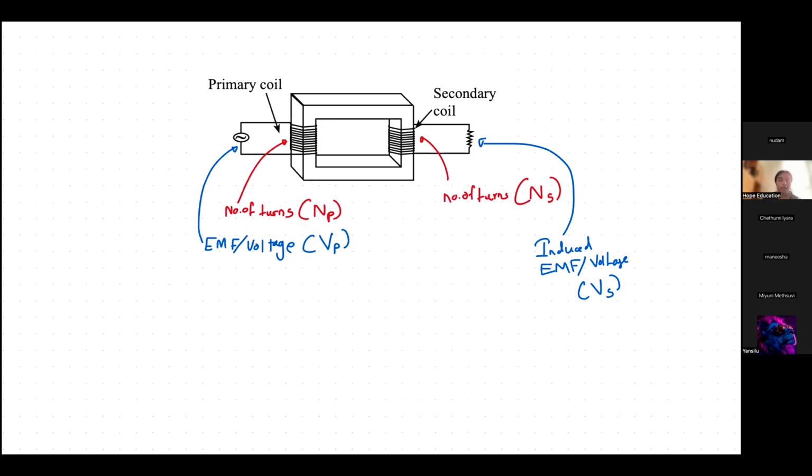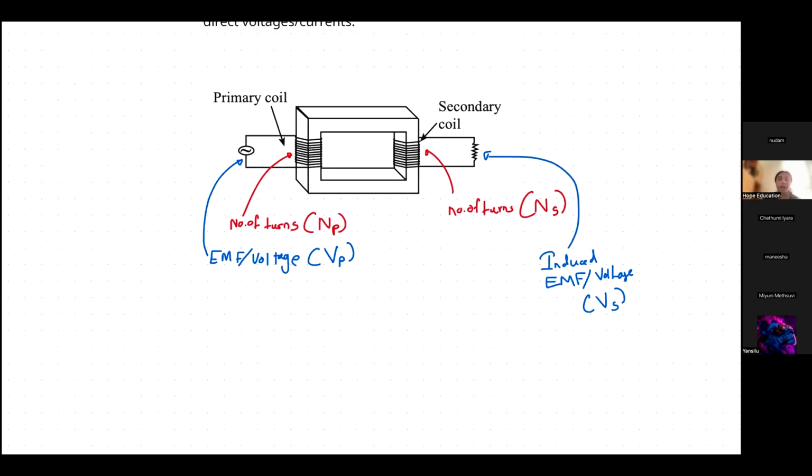Generally we call the side of the primary coil the input circuit, or just the input. The side of the secondary coil we call the output.